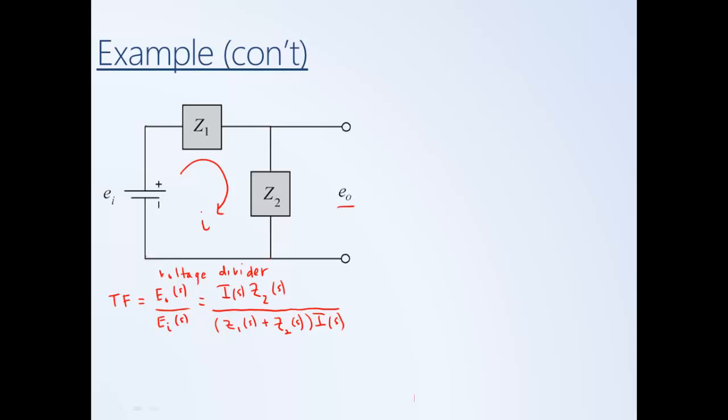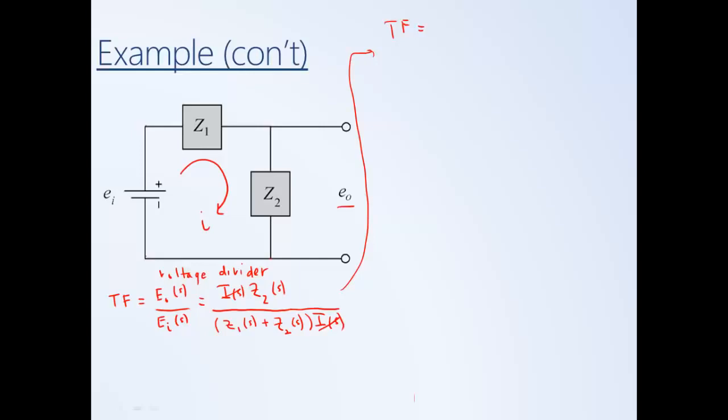Looking at this, the current I of S cancels, and so our transfer function is equal to Z2 divided by Z1 plus Z2. From the previous slide, we had expressions for Z2 and Z1.